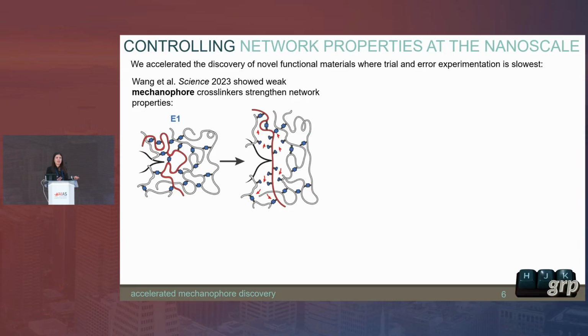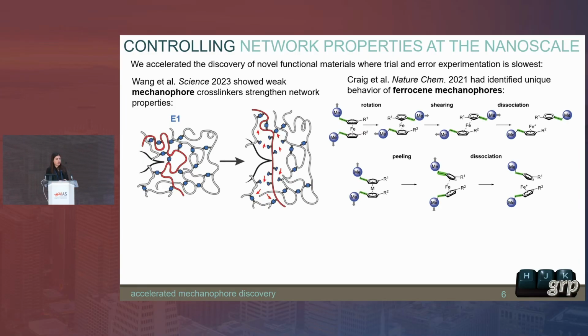So this is a really important idea that can help fundamentally change a number of ways that we think about manufacturing plastics. Now, along the same time, there was another observation, from another lab, published in Nature Chemistry in 2021. Most mechanophores are organic molecules, but it turned out that ferrocene can act as a mechanophore.